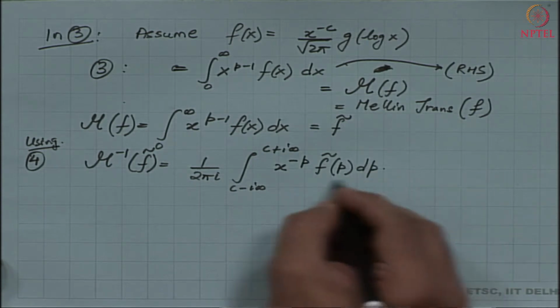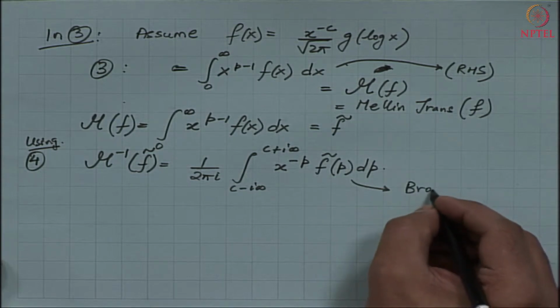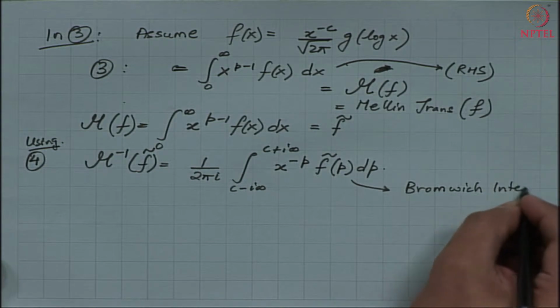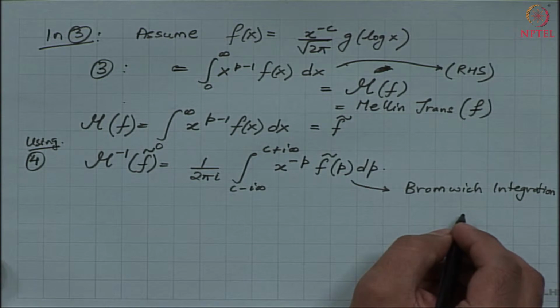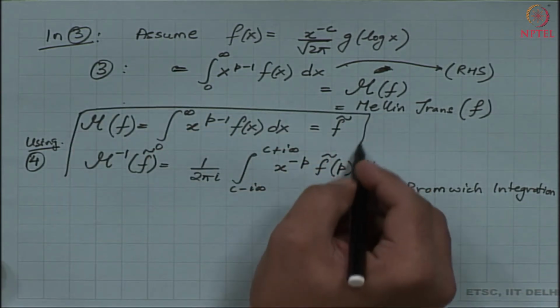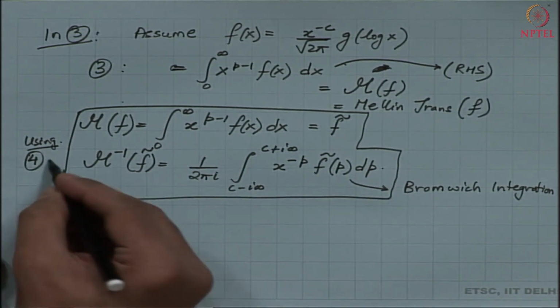Just to help you recall, this is not an ordinary integration, this is the Bromwich contour integration that I had briefly mentioned in my Laplace transform lecture. Let me just continue using this definition that I have just shown.